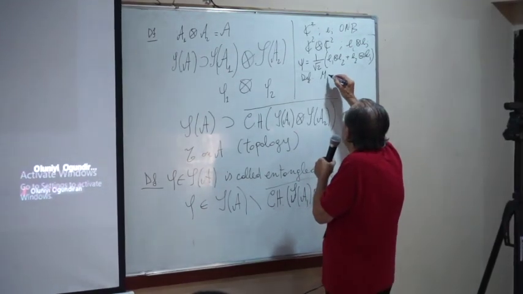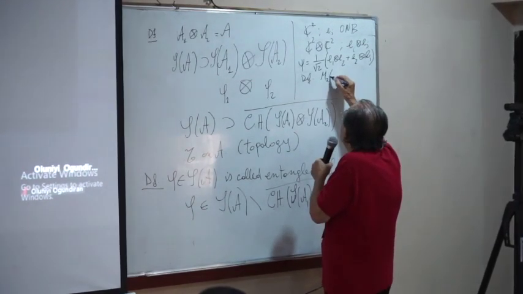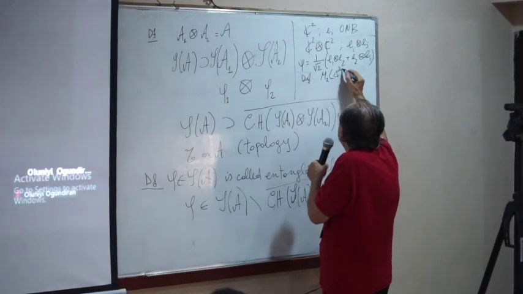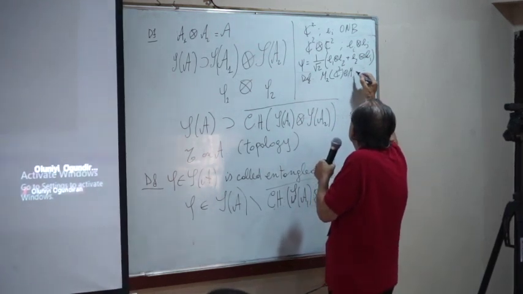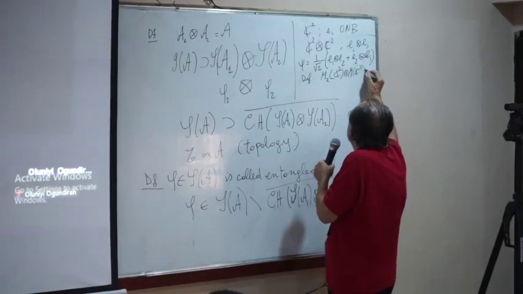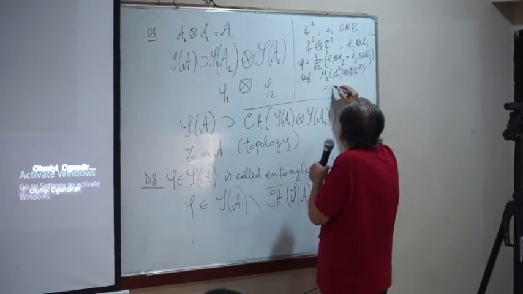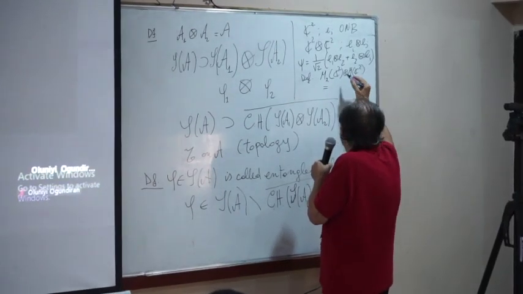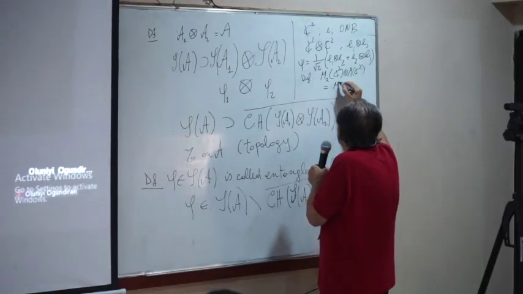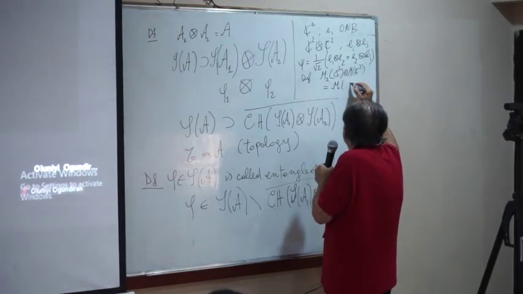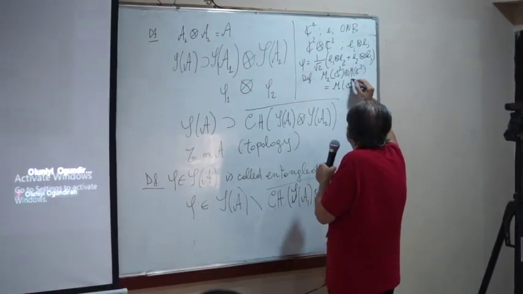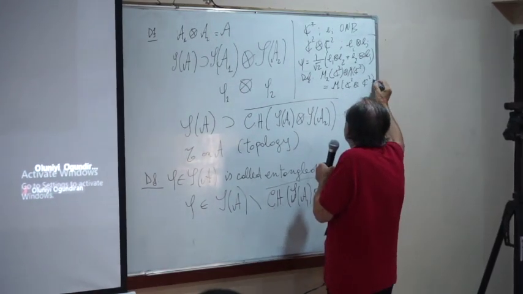The algebra will be the matrix algebra on C2 tensor C2. It is well known that this is the tensor product, but it is also the bounded operators, the matrices over C2 tensor C2.